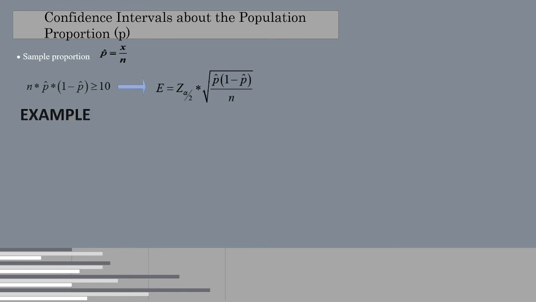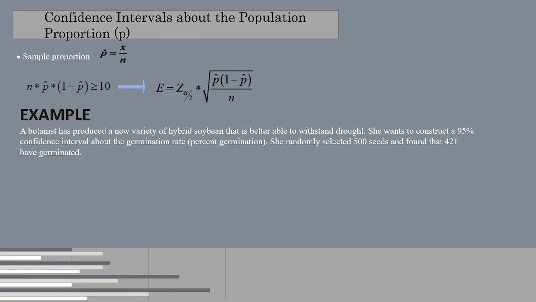Now, let's have an example. A botanist has produced a new variety of hybrid soybean that is better able to withstand drought. She wants to construct a 95% confidence interval about the germination rate. She randomly selected 500 seeds and found that 421 had germinated.